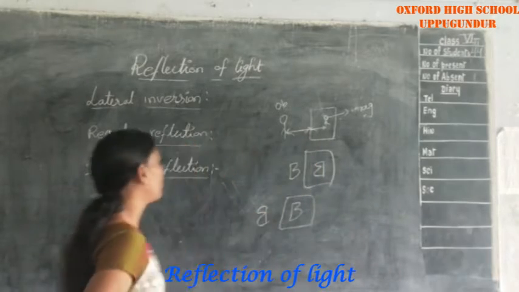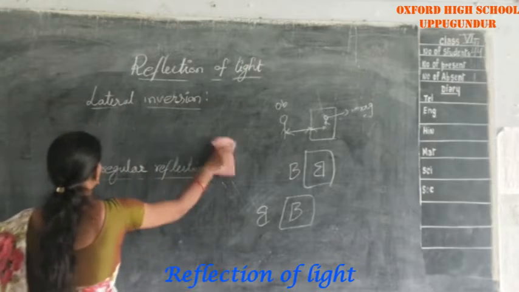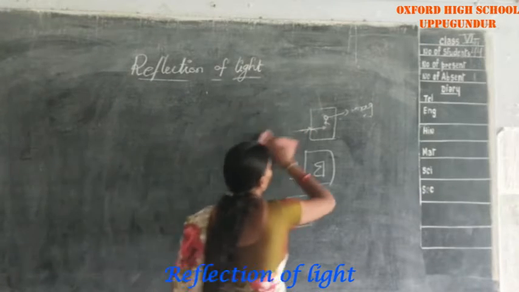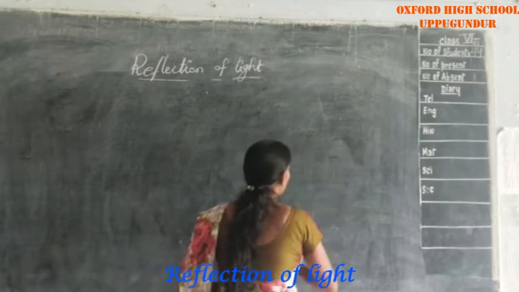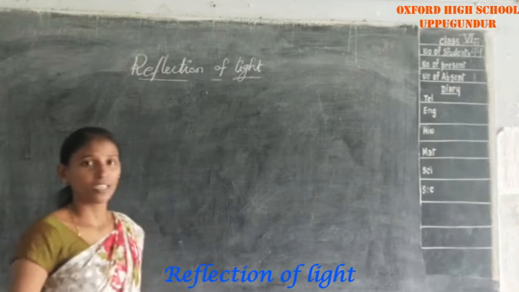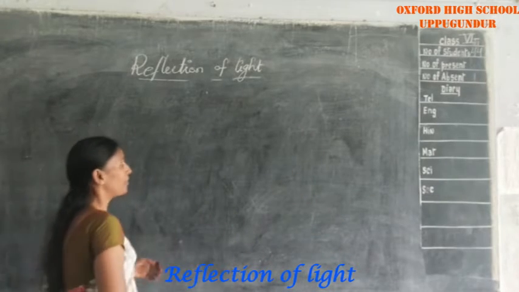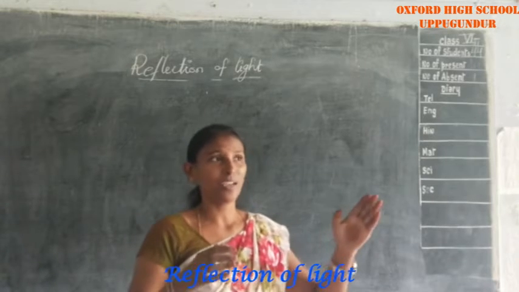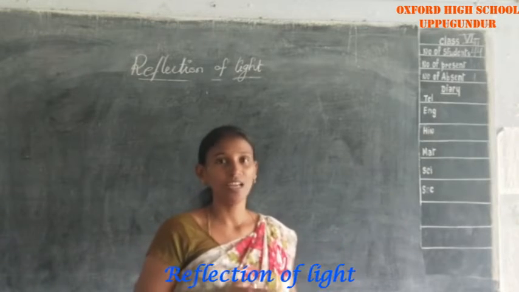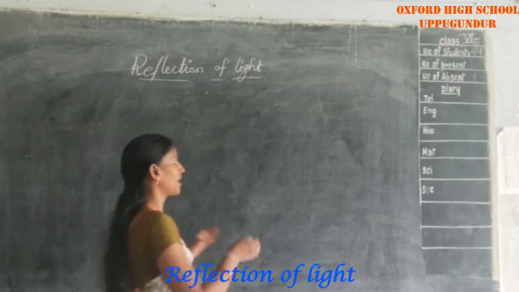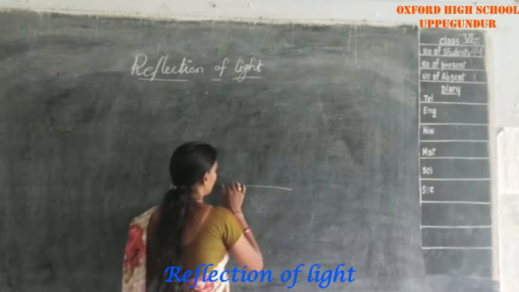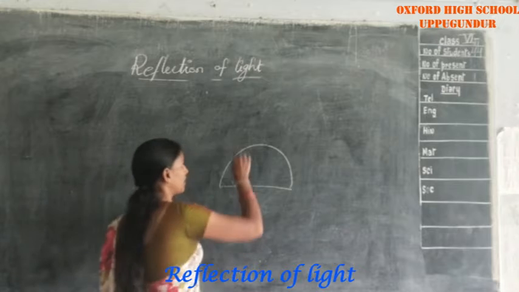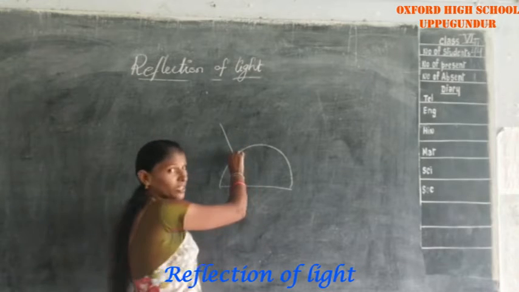Now let us learn one more point, multiple images. We already discussed this point in the previous class. Multiple images mainly depend on the reflection of light. The light falls on the water ball, the water balloon.